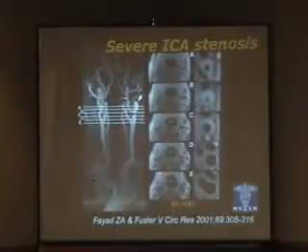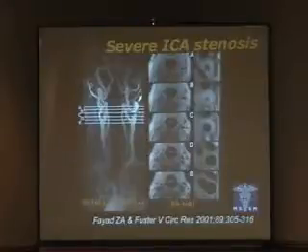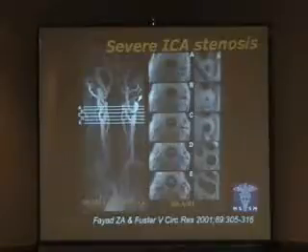You can get the percent stenosis very accurately, but on top of that you can add vessel wall imaging, where you can look specifically at the wall itself. Combining these two provides a lot of information, especially in the carotid, where stenosis is obviously very important, but you can also image the vessel wall itself.